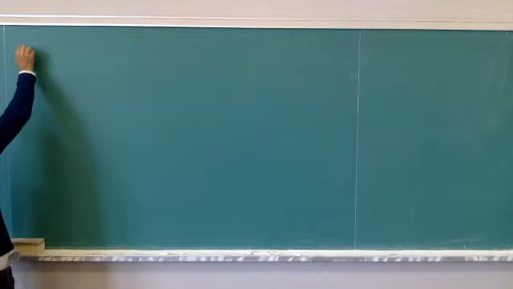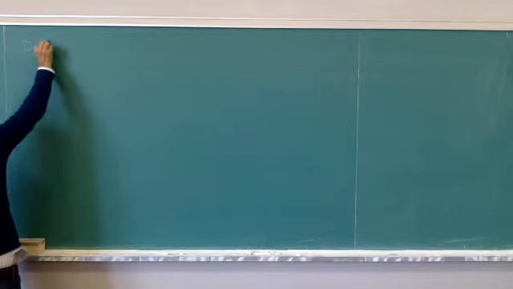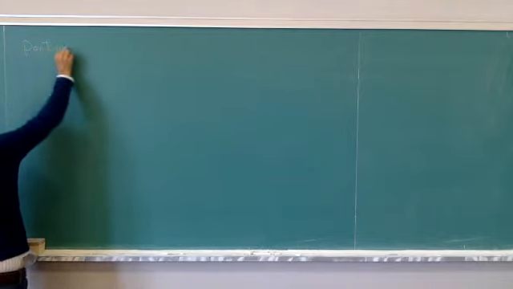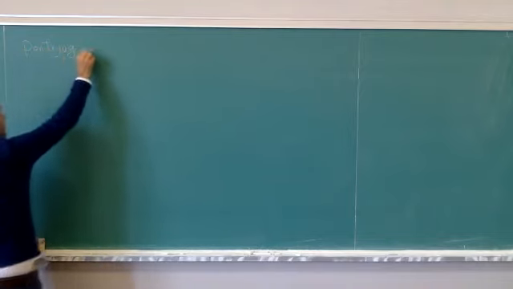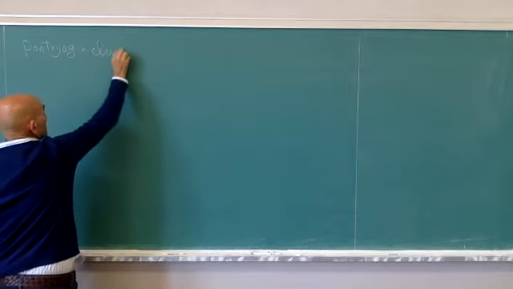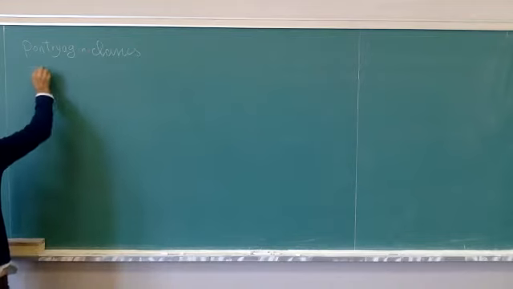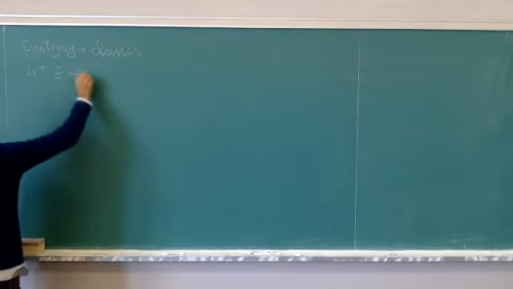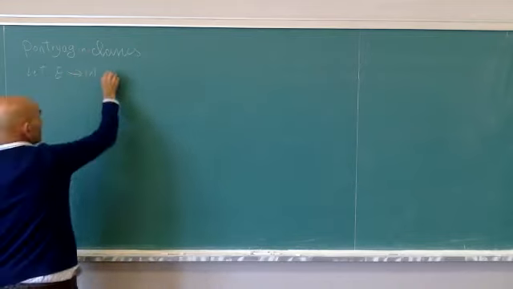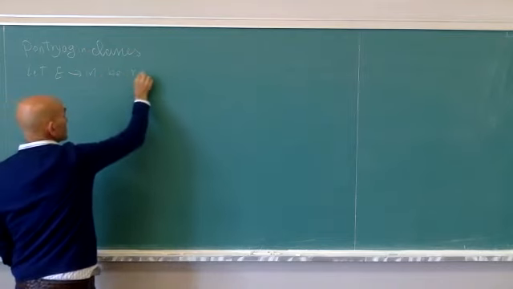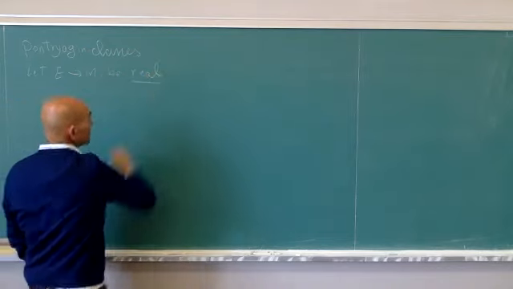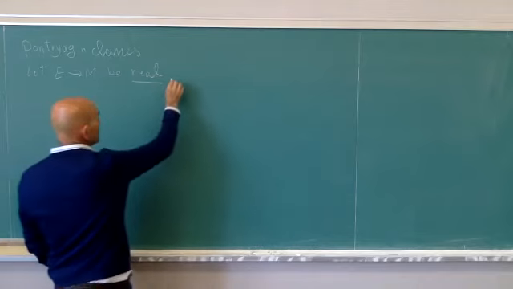Pontryagin. Now let E over M be a real vector bundle. This is important: we assume this is real.